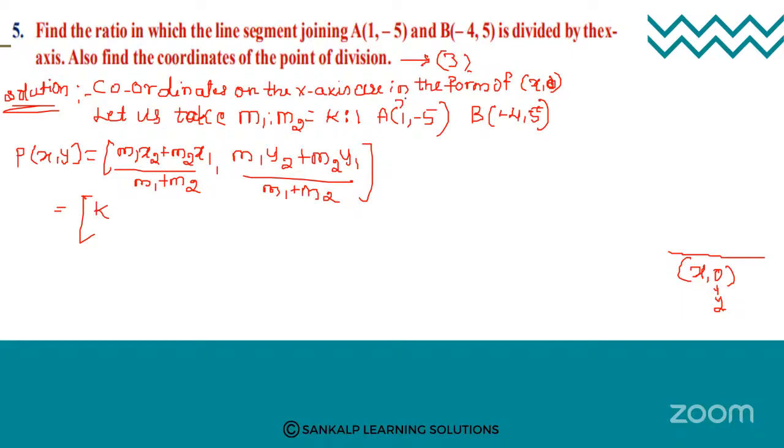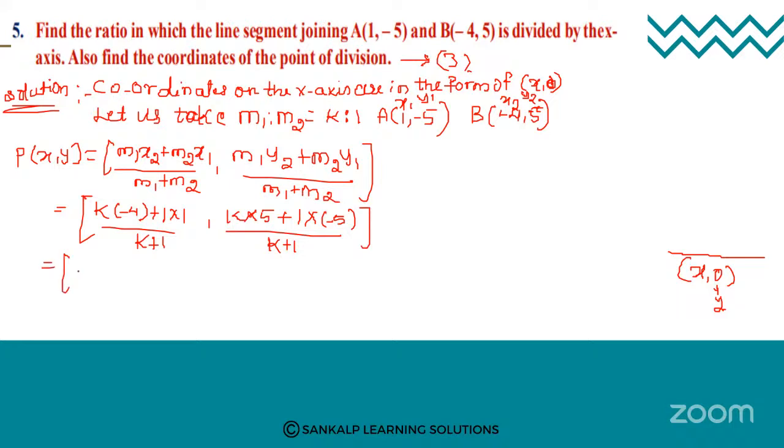This is x1, y1 and this is x2, y2. x is k into minus 4 plus 1 into 1 divided by k plus 1. y is k into 5 plus 1 into minus 5 divided by k plus 1.